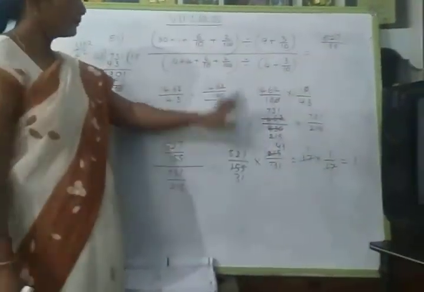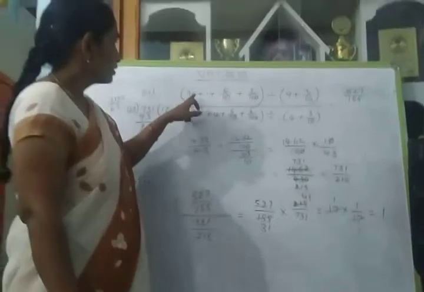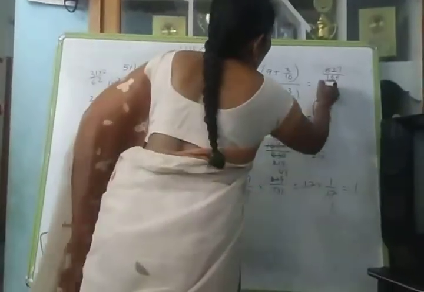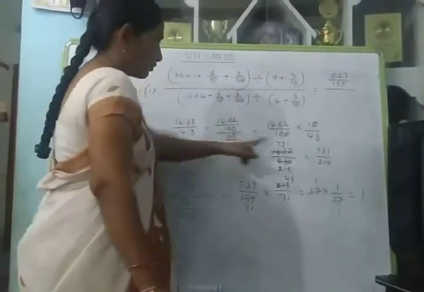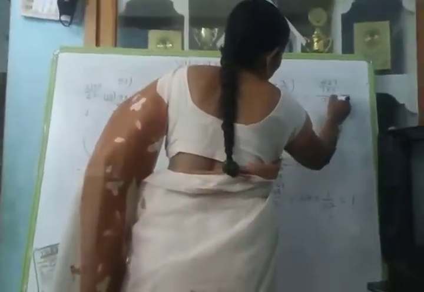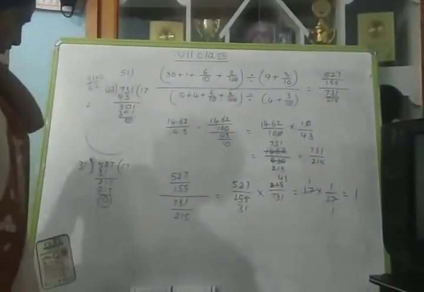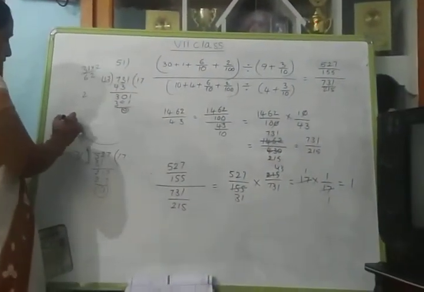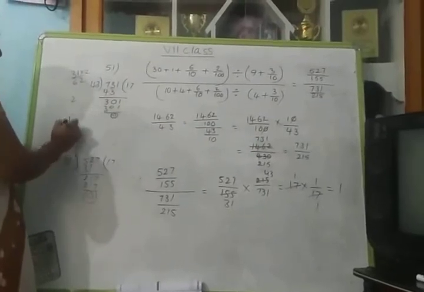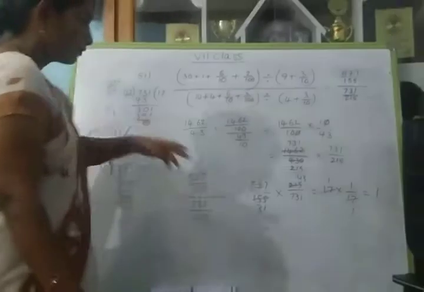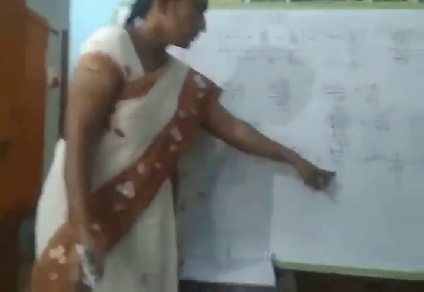Observe here, once you check it, this value I simplified first and we get this fraction, and this value I simplified, you get 731 by 215. Directly also we can simplify 215 and 731: we get 43 by 731.